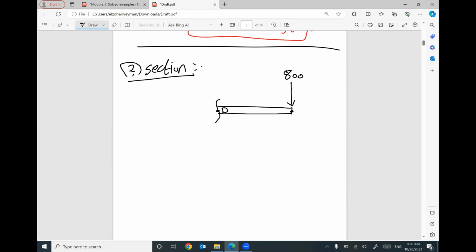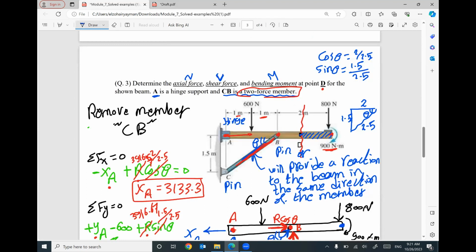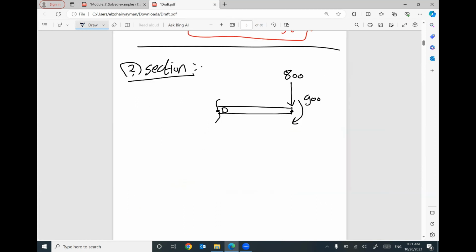I am given a moment as 900. What else? Nothing else. The length of this part is 1 meter. We are ready.